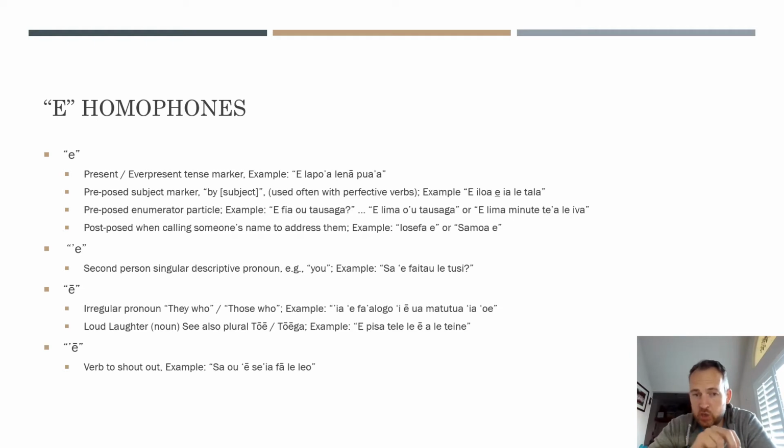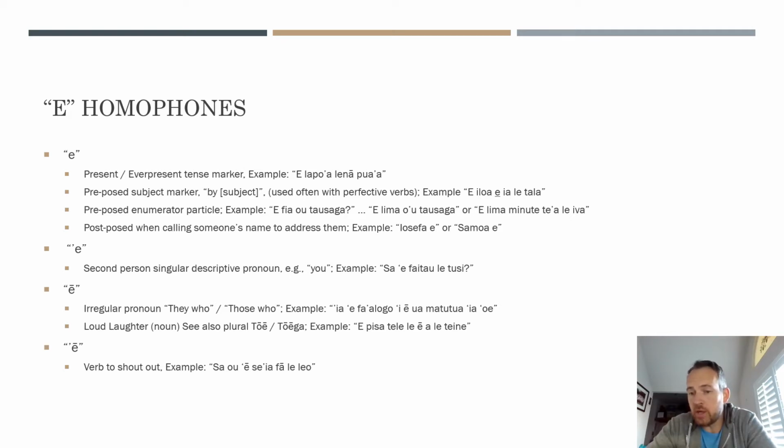E is that enumerator particle. Fia is basically a question place marker for a number, so it probably more literally translates to how many. And then o tausaga, o is an indefinite plural possessive pronoun, which means yours. And then tausaga is years. So it literally translates to like how many are your years.